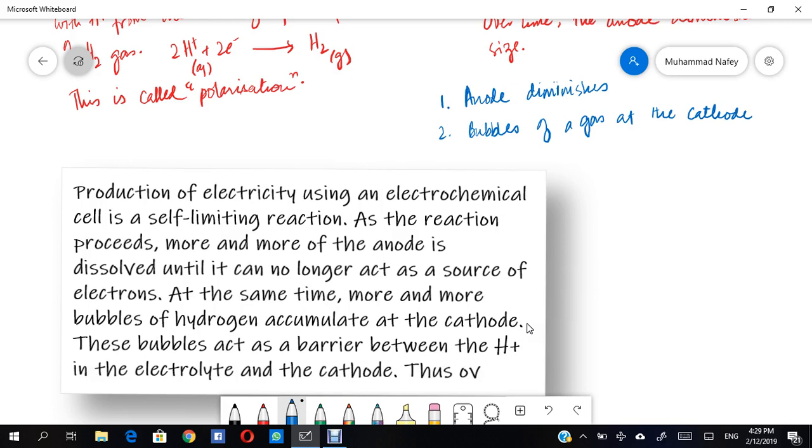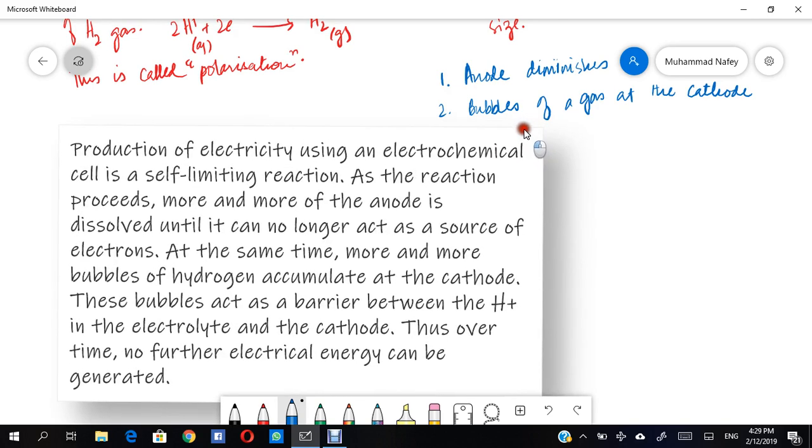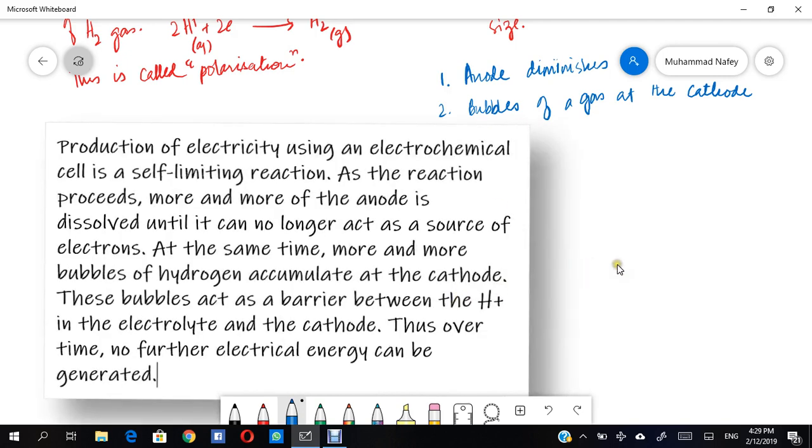Thus, over time, no further electrical energy can be generated. So this explains why this reaction is self-limiting.